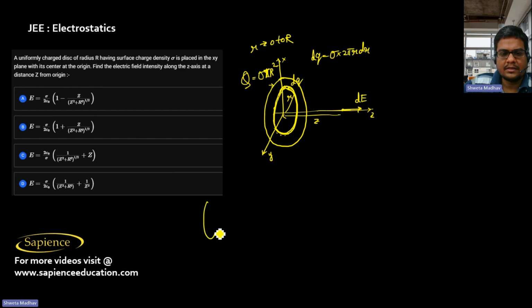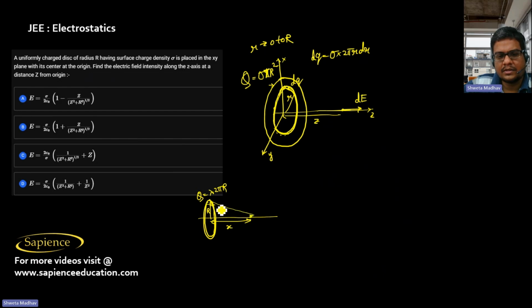So for a ring, if we have a ring having charge q, that I can say is lambda into 2 pi r. Suppose its radius is r. Then at a distance x from it, how much will be the net electric field?